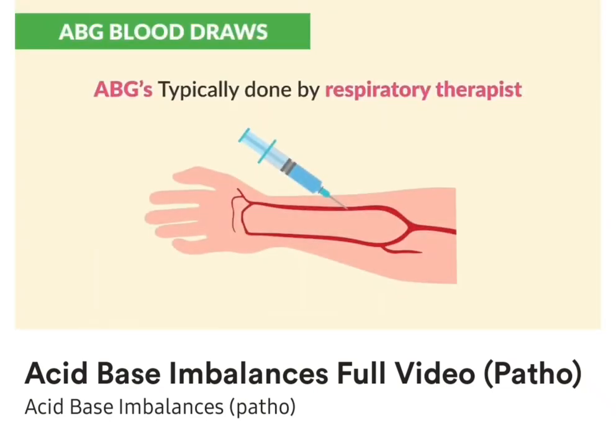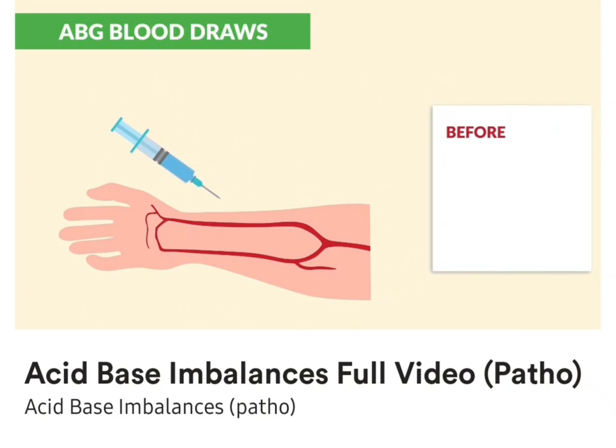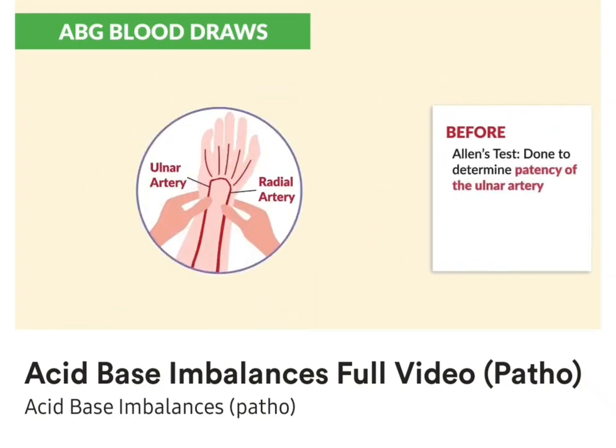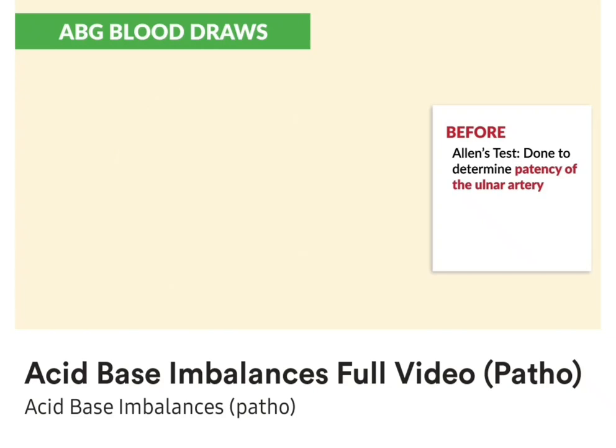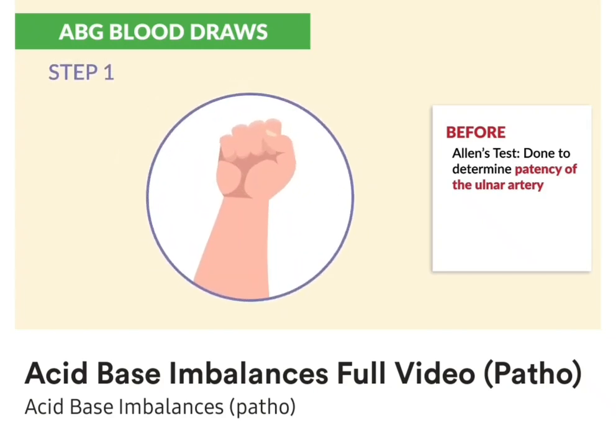Now, ABGs are typically done by a respiratory therapist. Before the procedure, the RT will prepare to draw blood from the radial artery and do an Allen's test. This is done to determine the patency of the ulnar artery. Now, the test is done in 3 steps. Step 1, the client makes a fist and the RT occludes the radial artery and ulnar artery.